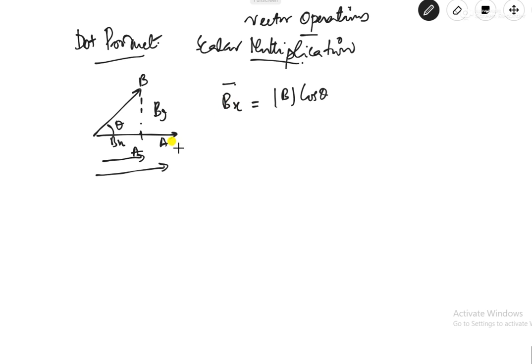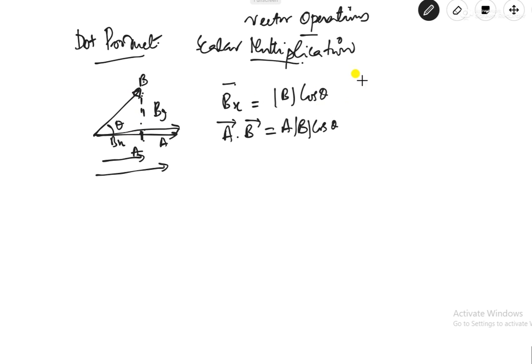The dot product comes into the picture when A dot B is such that, when this vector is projected onto vector A, the resultant will be in the direction of A, that is b cos theta times A. When you are deliberately multiplying A and B, it is simply like this.